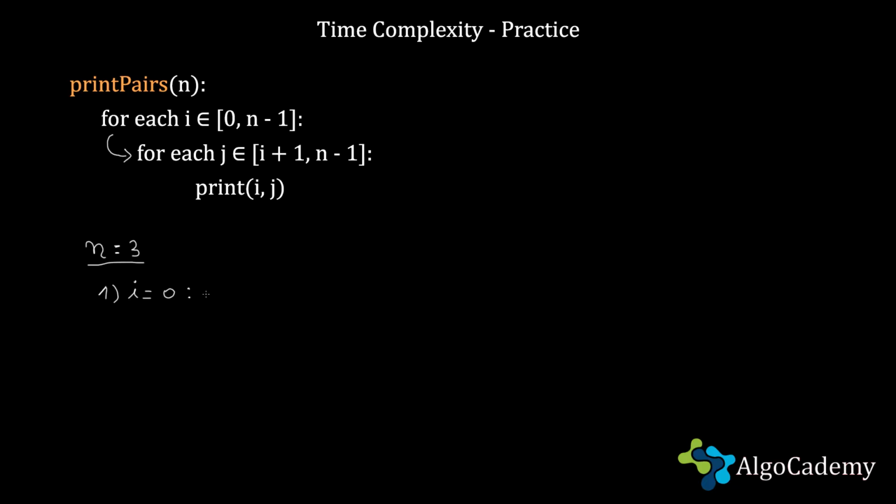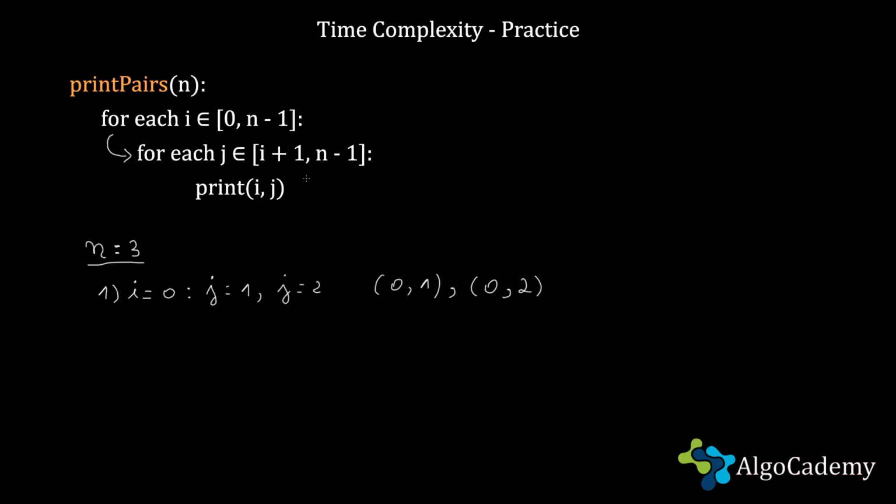I'm going to have j equals 1, j equals 2, and that's it. I print the pairs 0, 1 and 0, 2. So when i equals 0, I have printed two pairs.